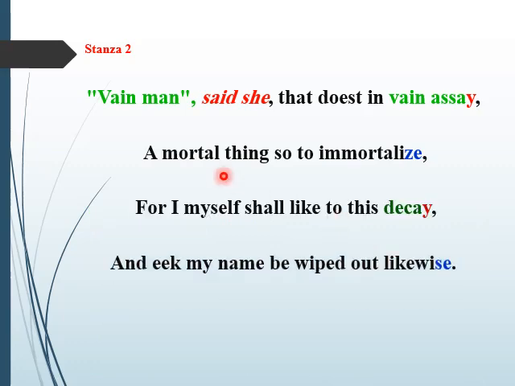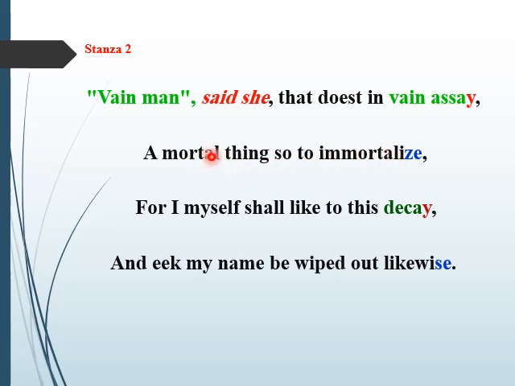So, vain man, said she. She commented, foolish man. That dost in vain essay, busy with useless work, a mortal thing so to immortalize.